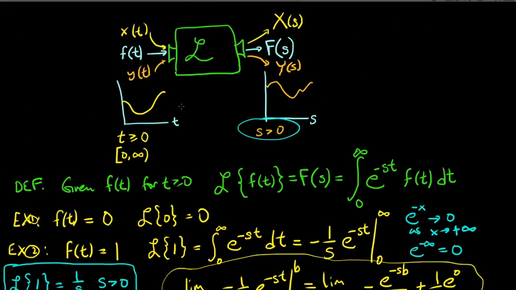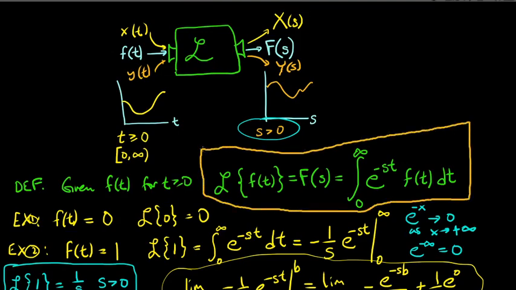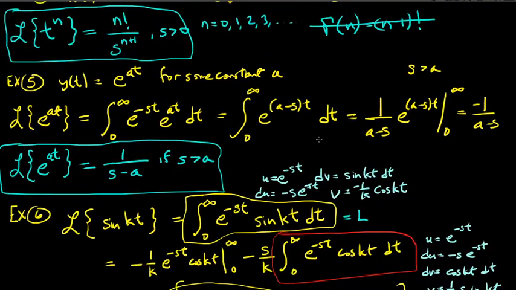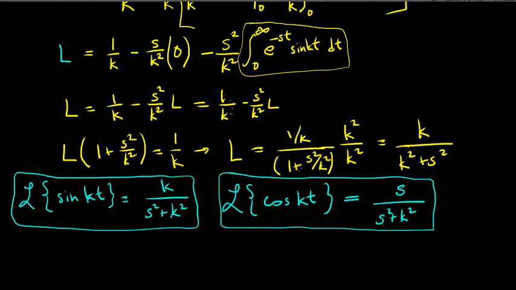The ones we did here are all very reasonable to calculate using the definition, but at some point it gets to be way too tedious. So I wouldn't go much further than that for calculating Laplace transforms using the definition.